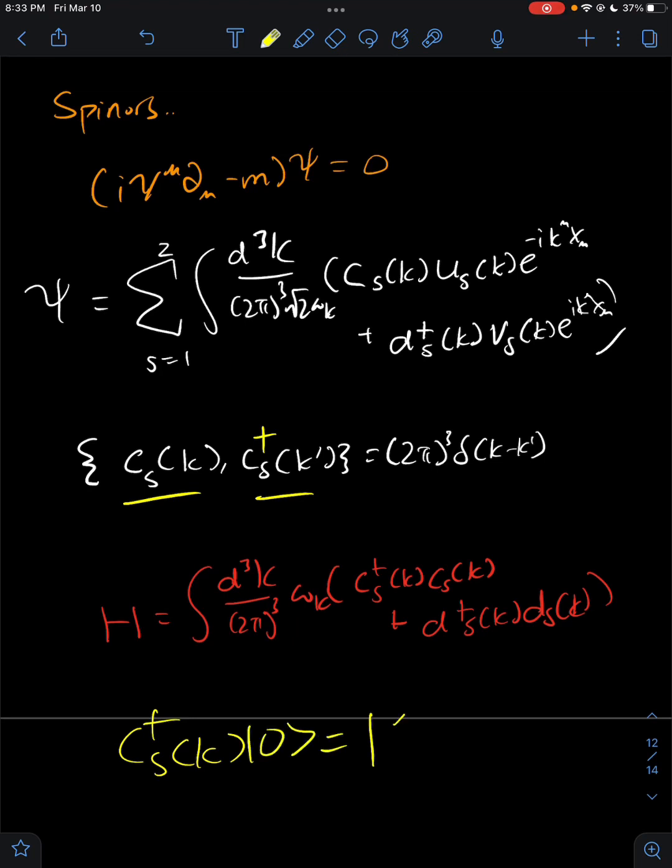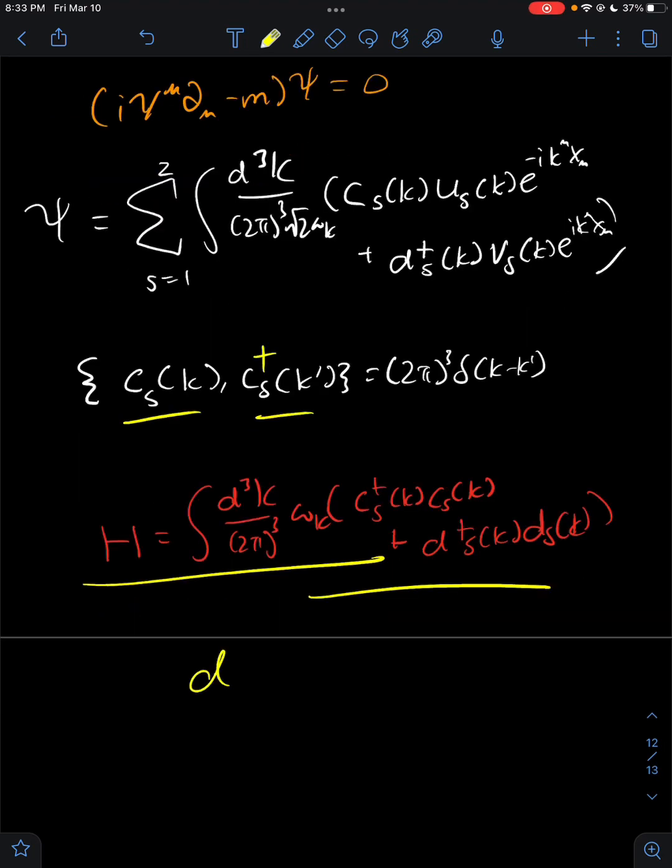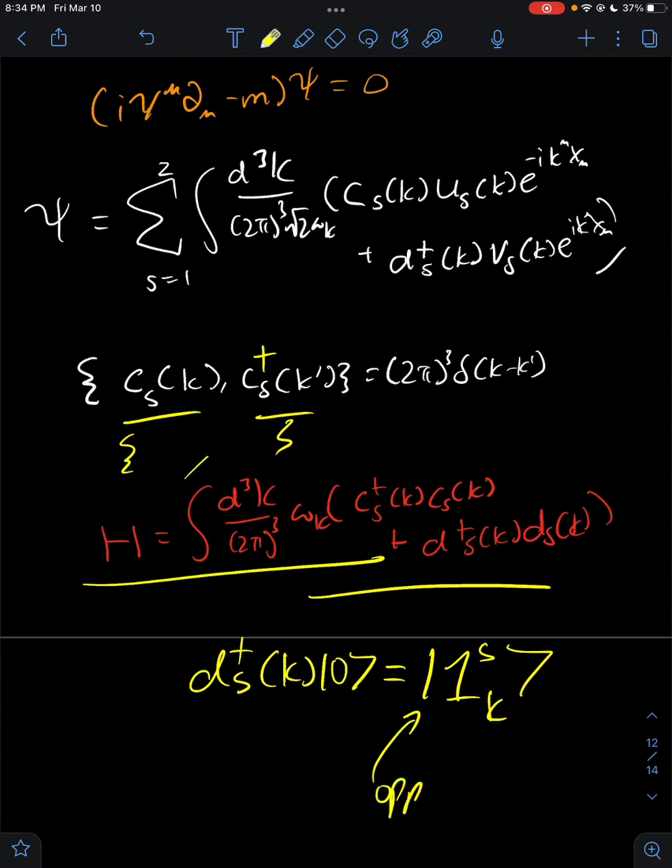It gives us one particle with spin s and momentum k. There are also separate relations for d_s,k, but you guys probably already know them. So d_s,k conjugate is going to act on the vacuum state and give us an antiparticle. So it's one particle with momentum k, spin s, but it's an antiparticle because this particle has the opposite charge.